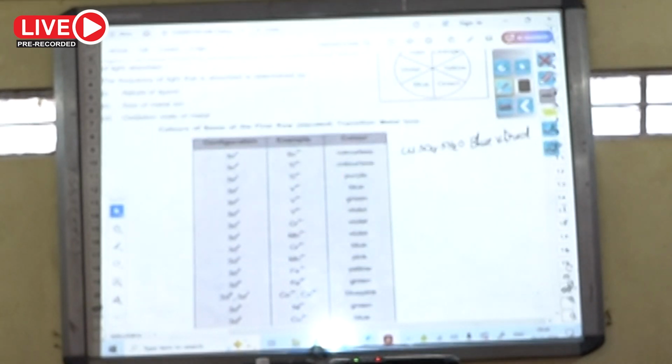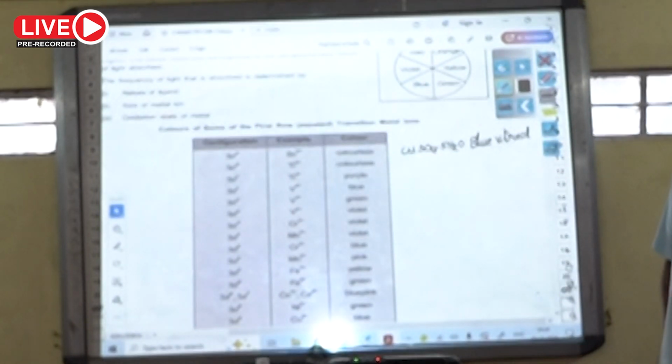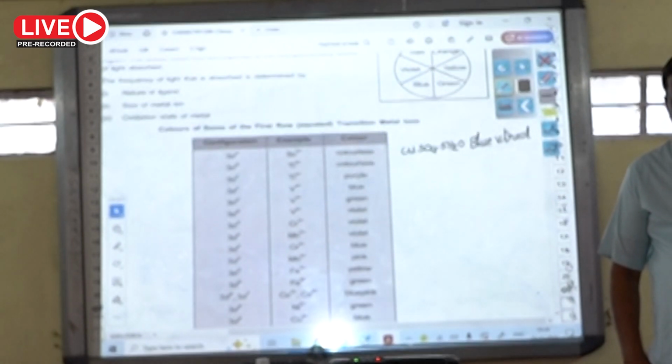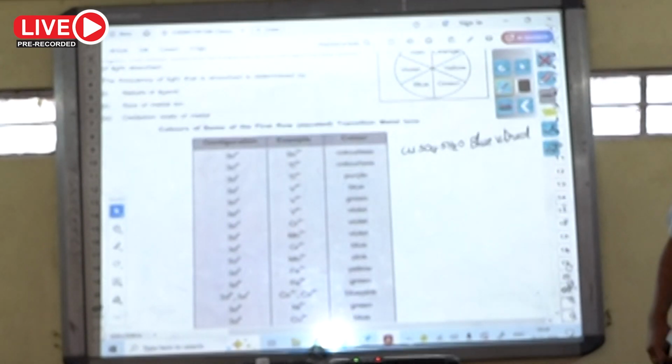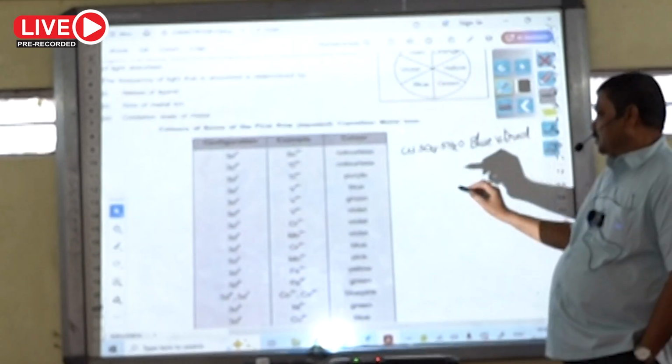These are the two questions asked on this. Who will answer? How many water molecules are directly linked to copper in CuSO4.5H2O? So the answer is 4.